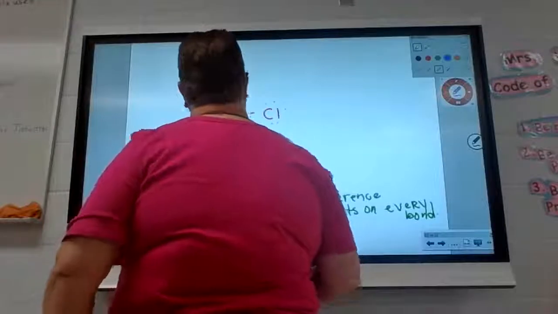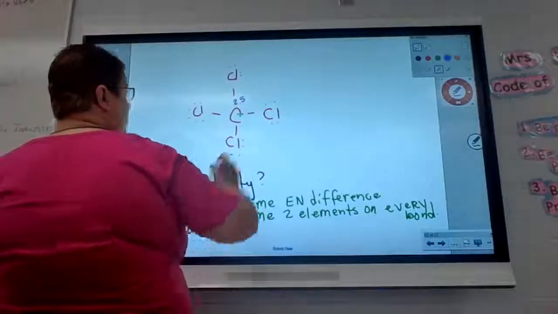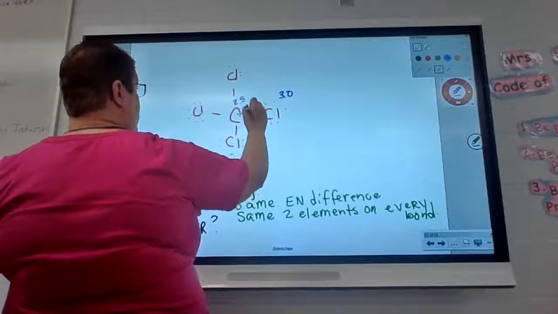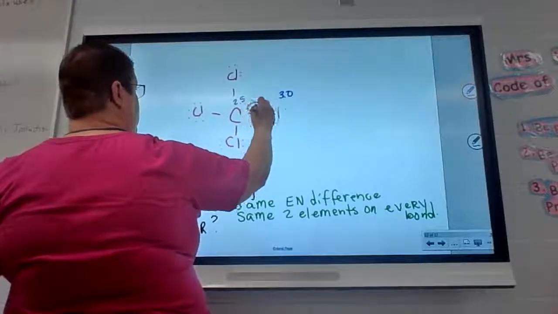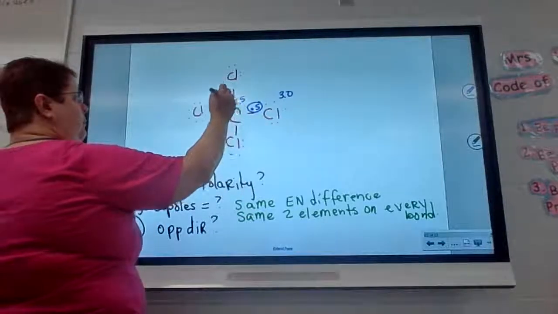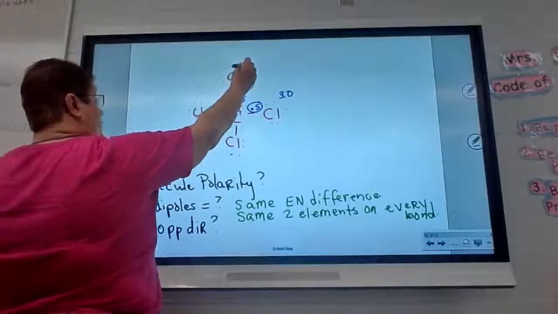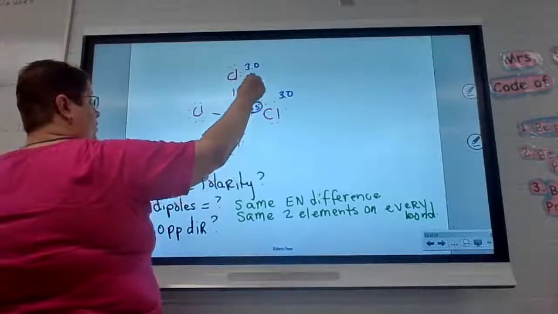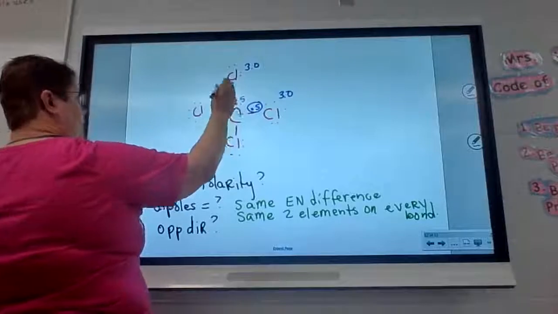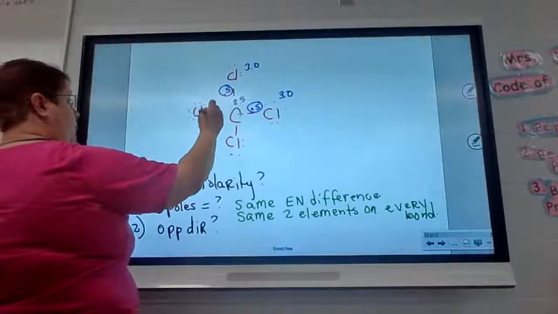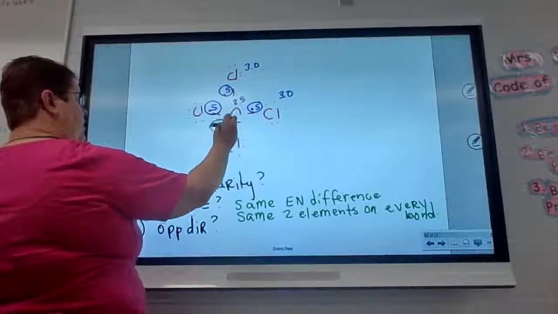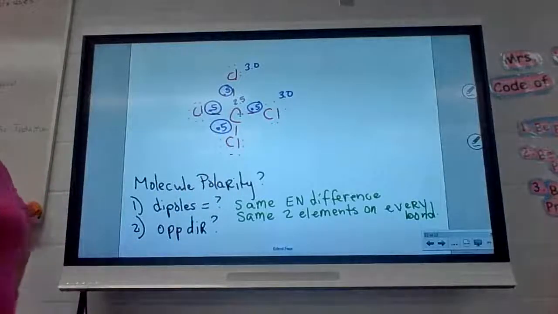What is chlorine's electronegativity? 3.0. What do you get when you subtract that? The dipole is 0.5. What's the dipole going to be when you subtract 2.5 and 3.0? What can you tell me about all four of those dipoles?